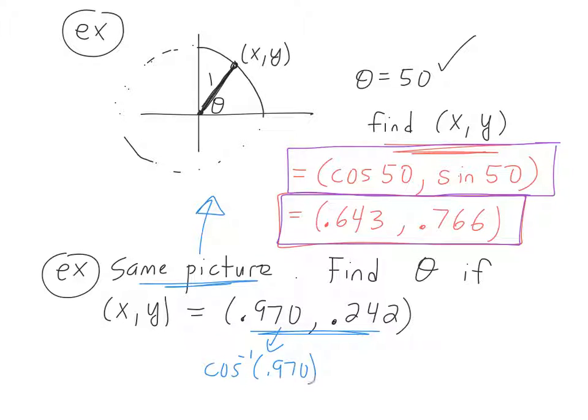And likewise, if you remember that the y value correlates to the sine, all you have to do is do inverse sine. Now, for each of these, you're going to get the same answer. Remember that this is really the cosine of theta, this is the sine of theta, so it's the same angle that we're talking about. So technically, you really just need to do this for one of these.